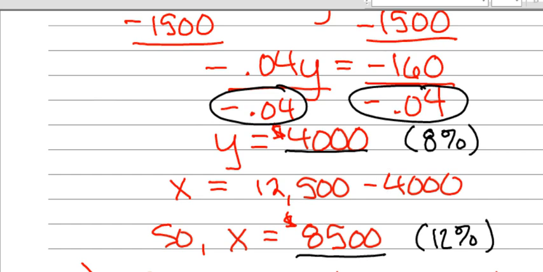So X is 8,500 and Y is 4,000. Remember, you need the X part of the answer and the Y part of the answer for a complete answer.